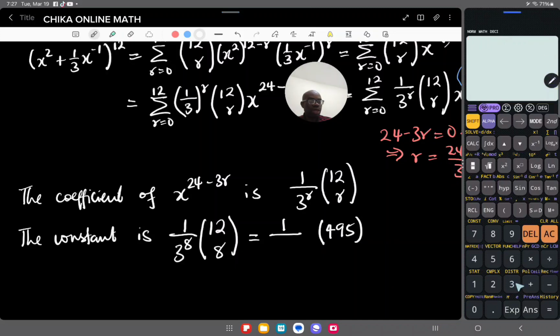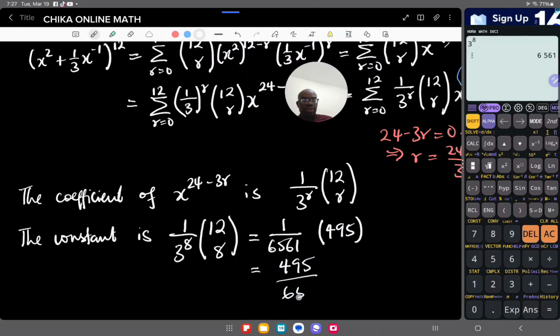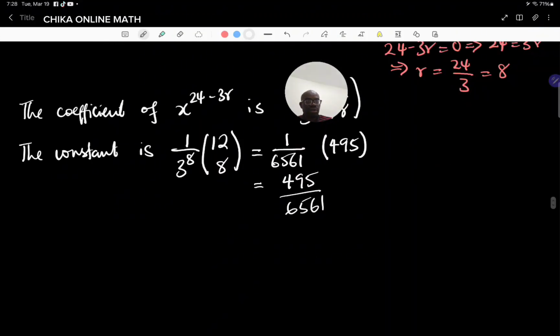We can as well use the calculator. 3 to power 8 is 6561. So this is 1 over 6561, okay. So we'll be having the constant term as 495 all over 6561. So what can divide? So 9 can divide, okay. So if 9 divides the numerator, we have 55. And if 9 divides the denominator, we have 729. Therefore, the constant term in that expansion is what?